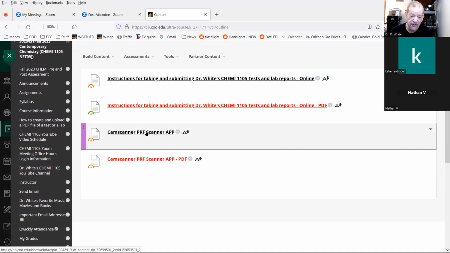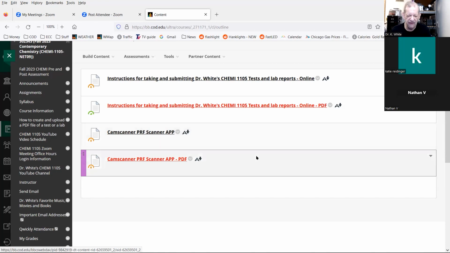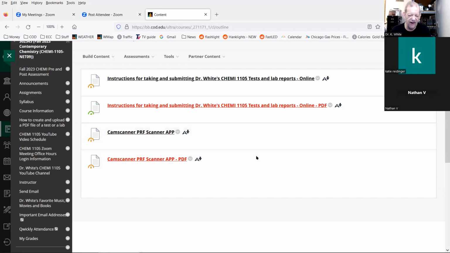Use the free version, you don't need all the bells and whistles. A lot of my students have used it and said it works well. I have my own scanner right up there, so I don't use it. And when you're done, you'll upload that.